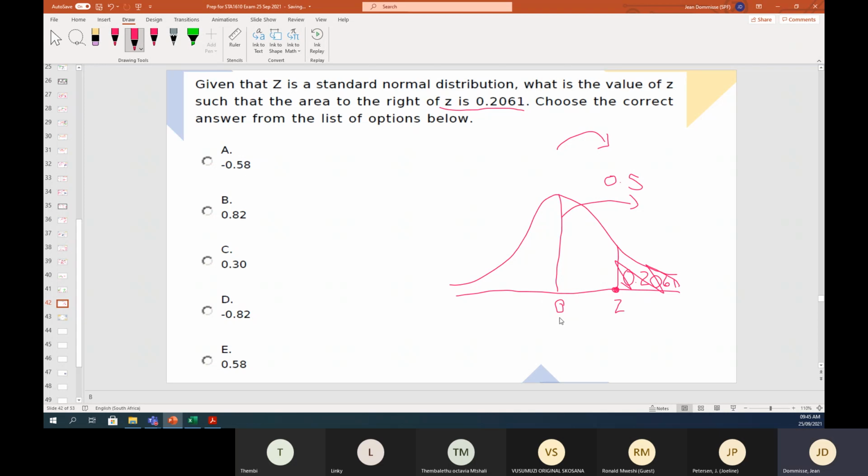You will see it is to that side, so my Z must be positive. That eliminates that one, and eliminates that one, because my Z needs to be positive. Then when I look at the negative 0.58, I see there's a positive.